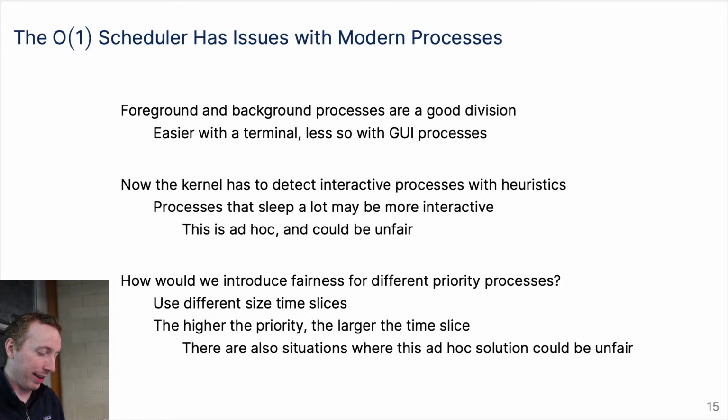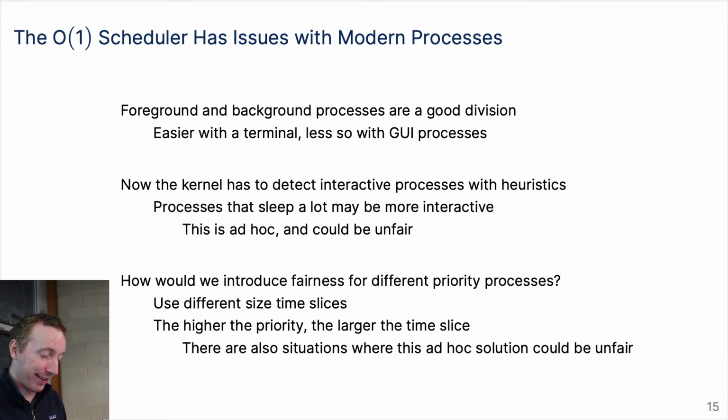If you want to introduce fairness for different priority processes, while still being slightly fair, you could use different size time slices. We essentially give higher priority processes proportionally more CPU time, but still have low priority processes get at least some CPU time to be fair.